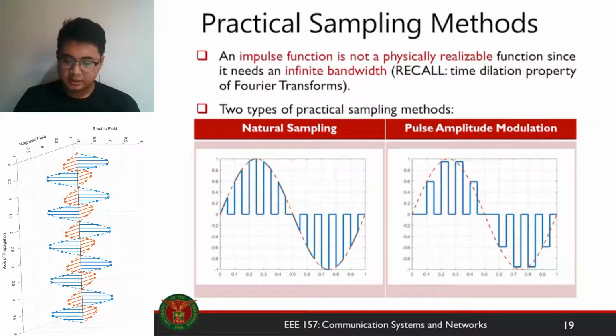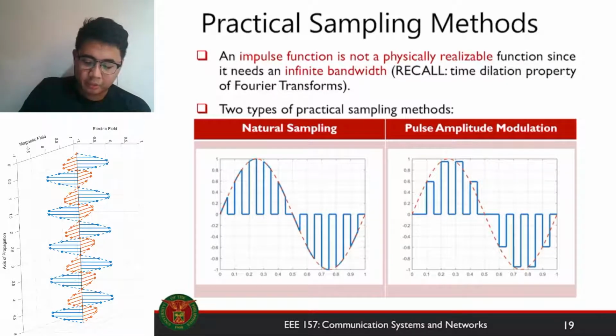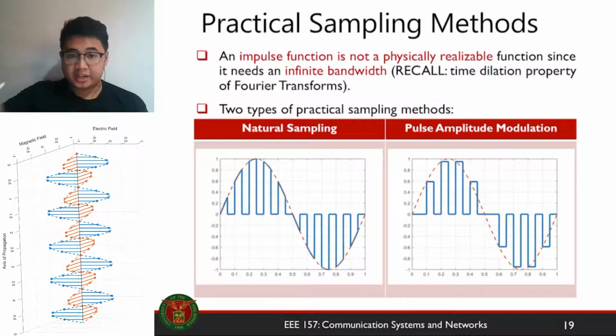Okay, so now let's move on to practical sampling methods. As you know, an impulse function is not physically realizable since it needs an infinite bandwidth, which is not practical for real-world systems. So we have devised two different types of practical sampling methods: natural sampling and pulse amplitude modulation. What's the difference between them? Natural sampling multiplies a rectangular pulse train, instead of an impulse train, with your message signal.